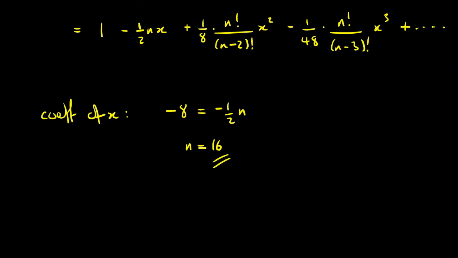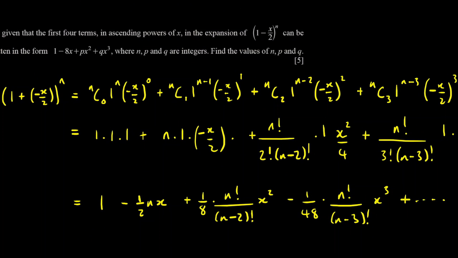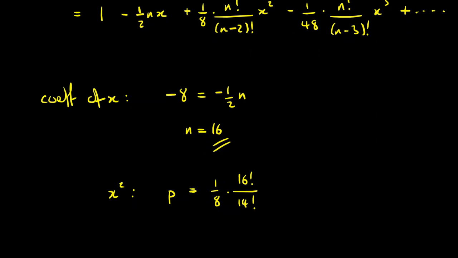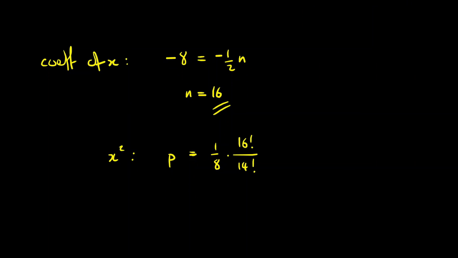Because we can then compare the coefficient of x squared. So the coefficient of x squared is p, and that will be equal to an eighth times n factorial, which is 16 factorial, over n minus 2 factorial, which is going to be 14 factorial, okay? And what you could do is put that into your calculator, but I just want you to think about that for a second, right? 16 factorial is 16 times 15 times 14 times 13 times 12, all the way to the end.